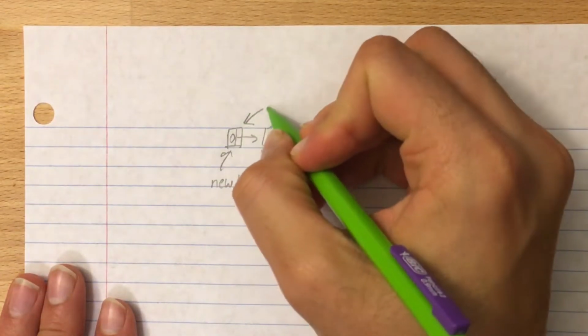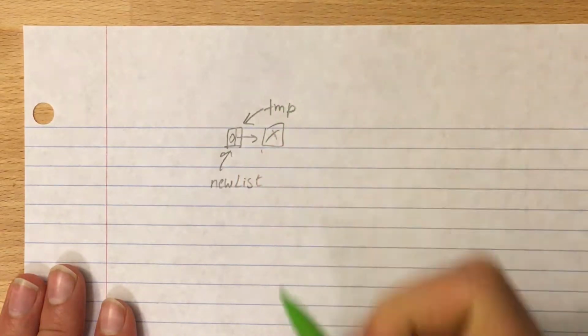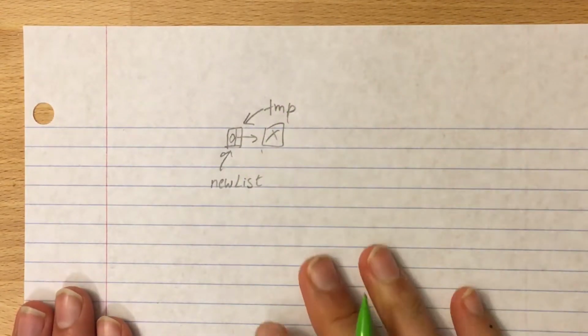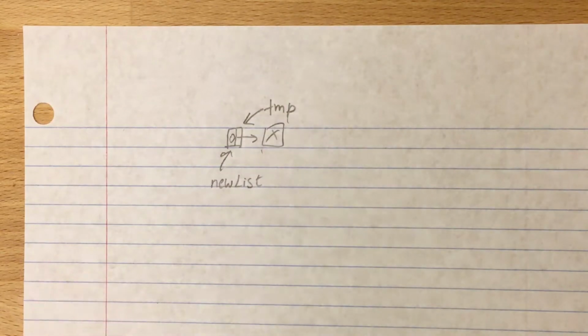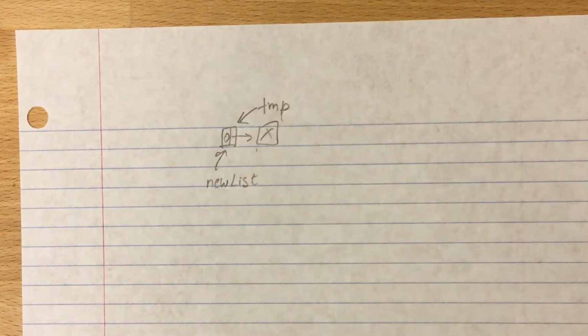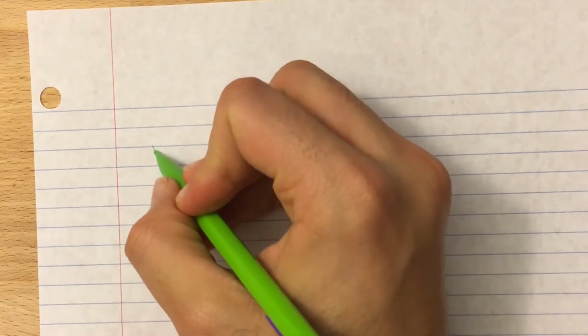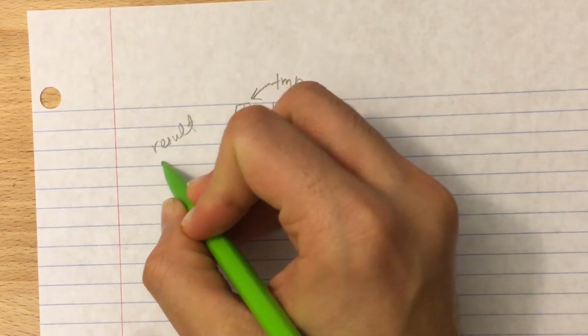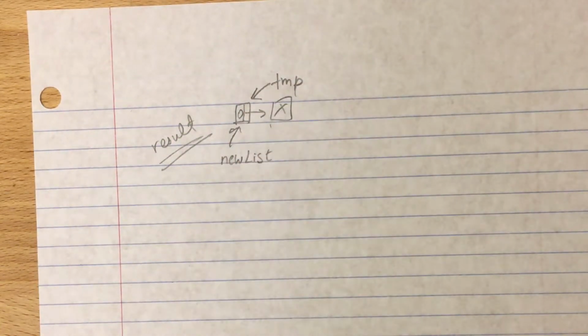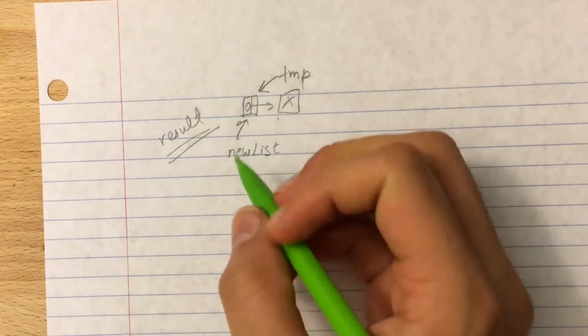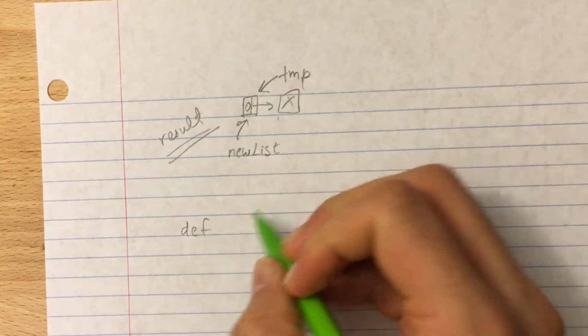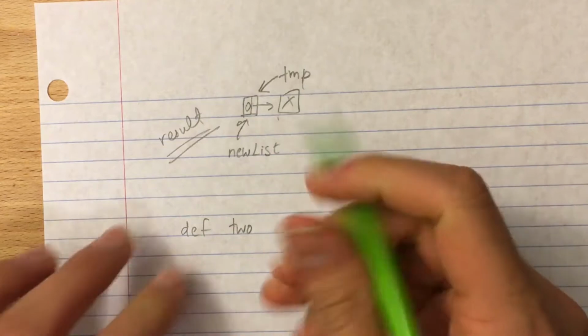So temp also points to the head initially, but as I'm moving along, it updates, right? The temp moves forward. So this is the result linked list that I'm constructing, right? I'm just going to start appending stuff to it. Okay, so let's try to think about how we can do this, right? So add 2, right?